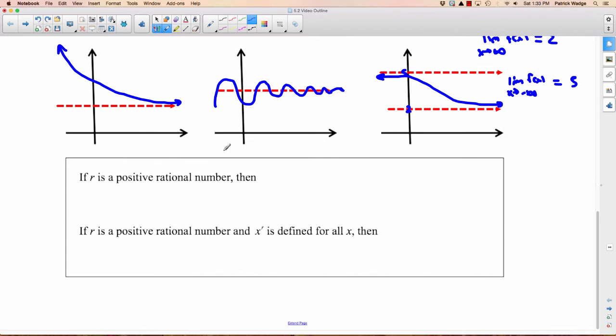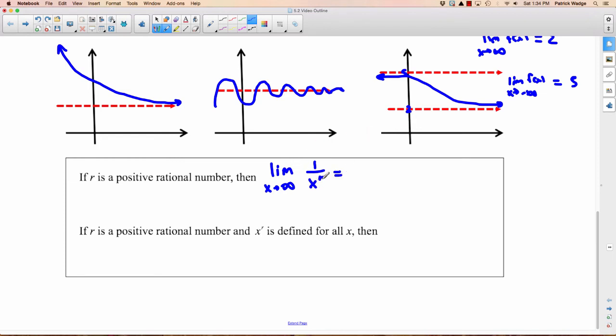Okay, this next bit is very important. You're going to use this idea over and over and over again. If r is a positive rational number, so remember, a rational number is any number that can be expressed as a fraction, and positive, you know what that means. If r is a positive rational number, then the limit of 1 over x to the r as x approaches infinity is equal to, so let's think about this for a second.